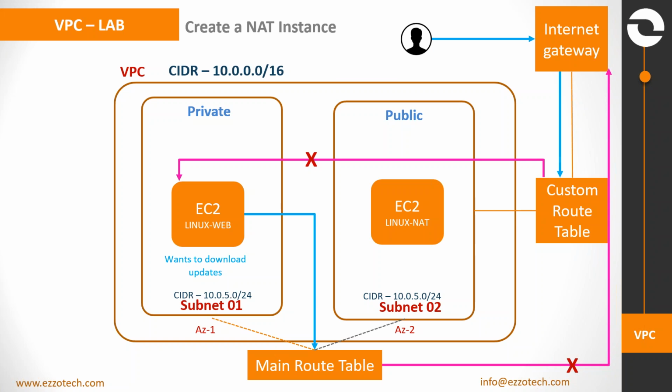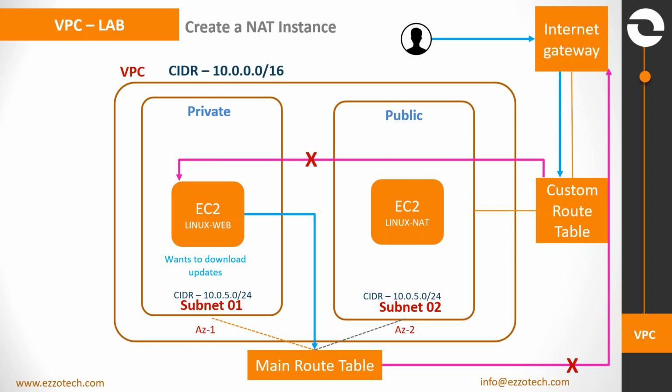So if I want to allow my public user to communicate to my EC2 instance and let the EC2 instance communicate to the internet gateway, then I can simply bring my EC2 instance in the public subnet. But here my requirement is not both. My requirement is that my EC2 instance can only communicate to the internet, not any users.